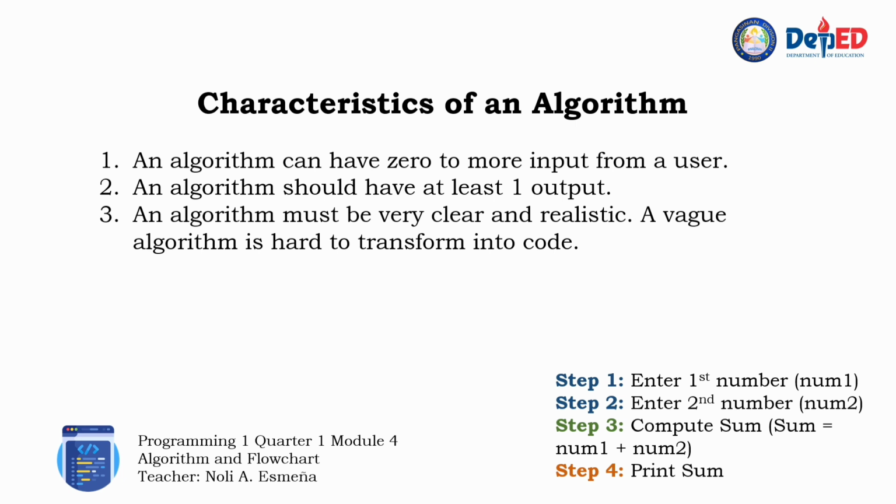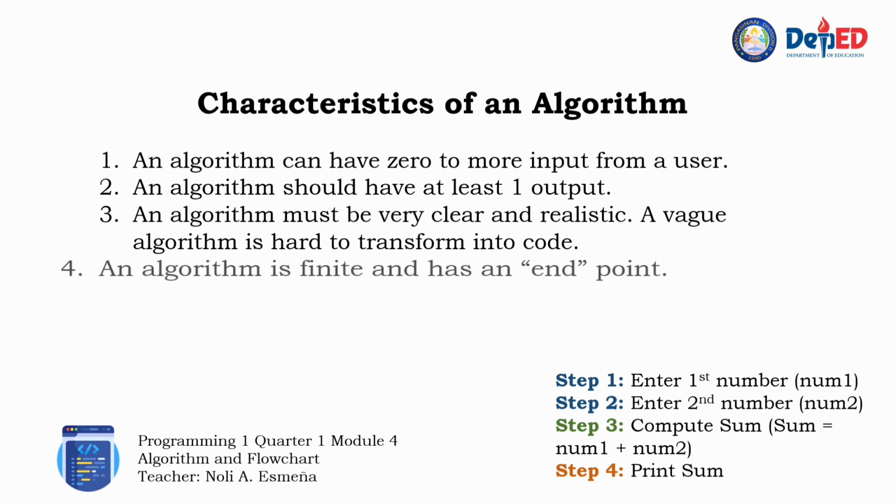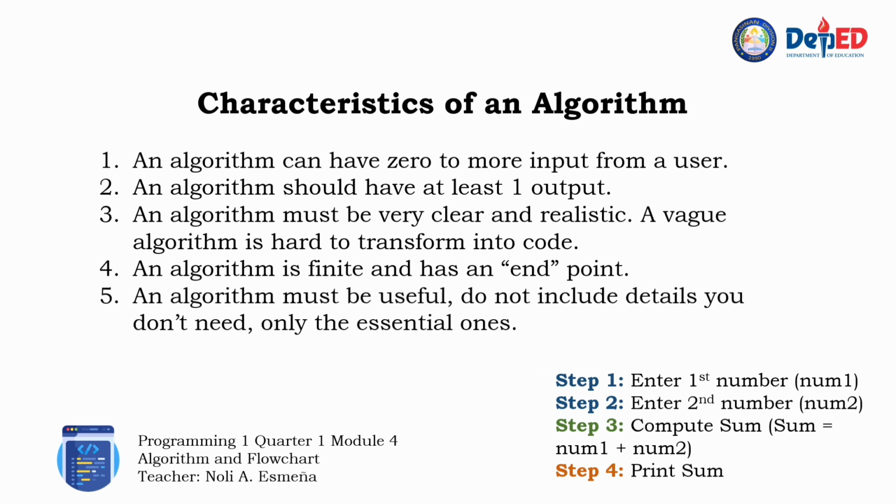An algorithm must be very clear and realistic. A vague algorithm is hard to transform into a code. 4. An algorithm is finite and has an endpoint. 5. An algorithm must be useful. Do not include details you don't need, only the essential ones.